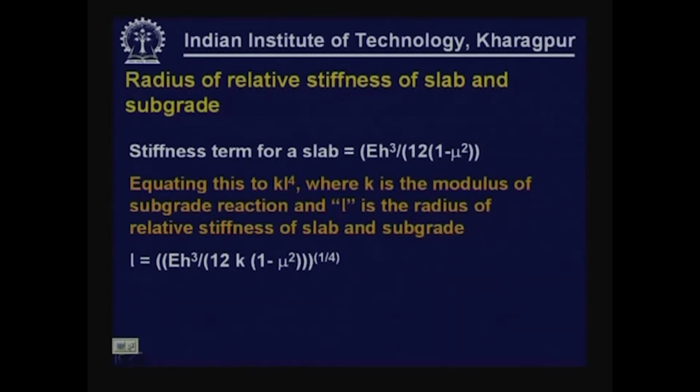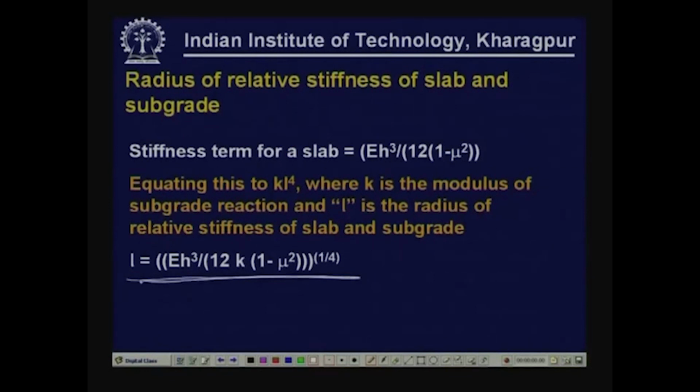Equating this to K times L to the power 4, where K is the modulus of subgrade reaction and L is the term just coined, the radius of relative stiffness, L can be expressed in terms of E, H, K and mu by the expression given here. So, L is given as a function of the modulus value of concrete, thickness of concrete, modulus of subgrade reaction of the foundation, and Poisson ratio of concrete.